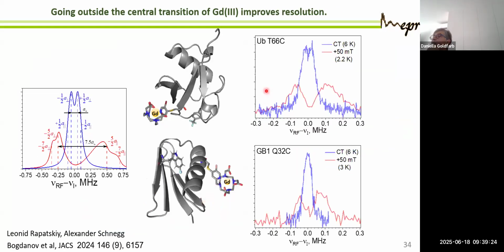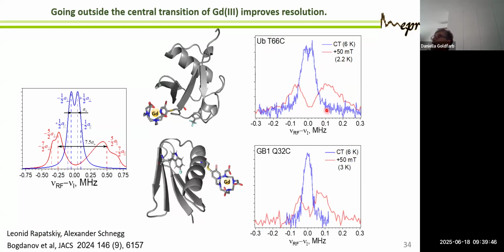So let's see if this works. Here is the experiment, done on ubiquitin, in one of these proteins that I showed you, and this is measured at 2.2 K. I want to thank Leonid and Alexander Schnegg, who helped us measure this. Alexei measured it in their lab.